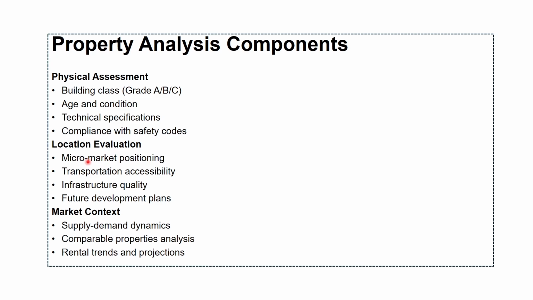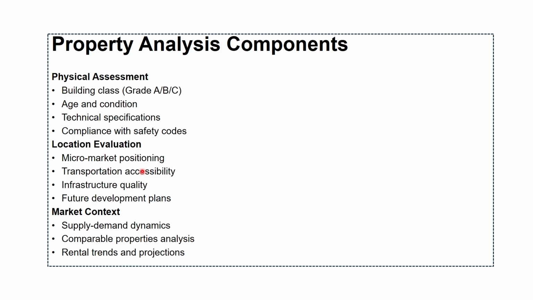Some markets, for example, high street markets like Khan Market in Delhi, are especially marquee in comparison to other markets in that area. So, micro market positioning. Then transportation accessibility, how easily people can reach there. If we are talking about retail commercial real estate, then how easily customers can reach there.